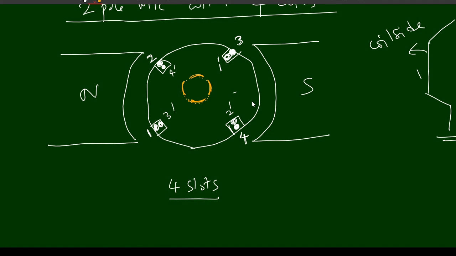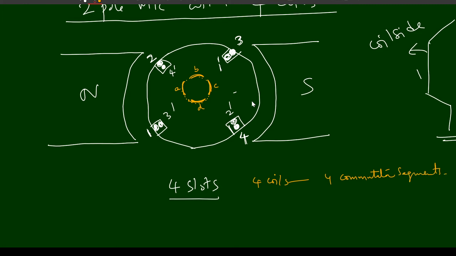Let me call them A, B, C, D: four coils and 4 commutator segments.